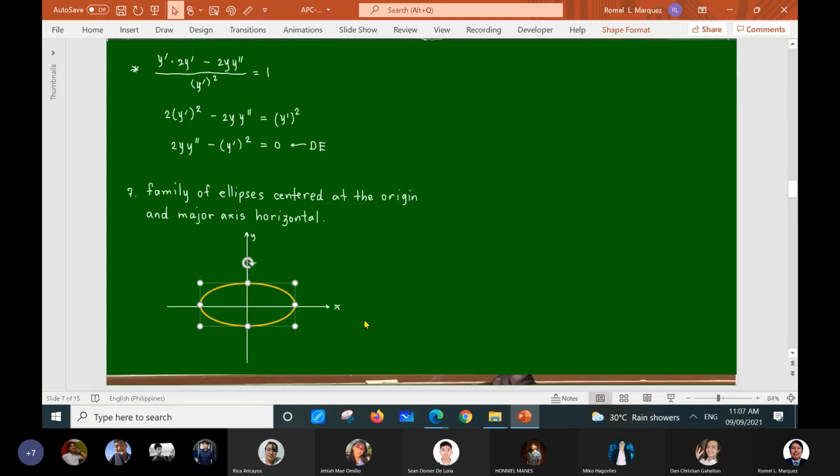Okay, guys? O, yan. This is an example of an ellipse with major axis horizontal. Am I correct, children? I can make it larger. Still, with center at the origin, horizontal major axis. Make it smaller. Another one.